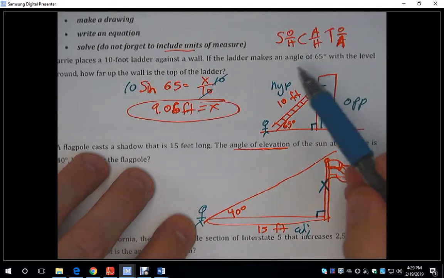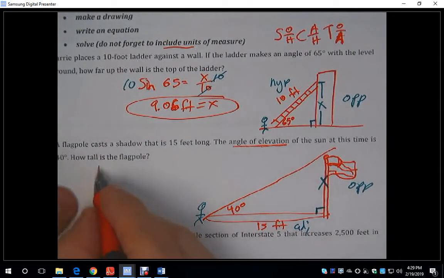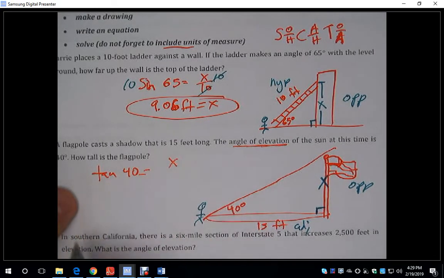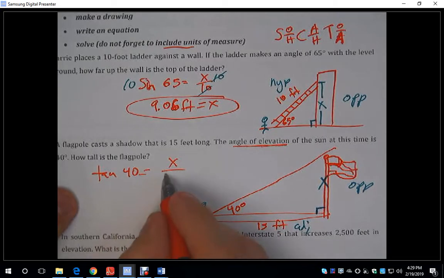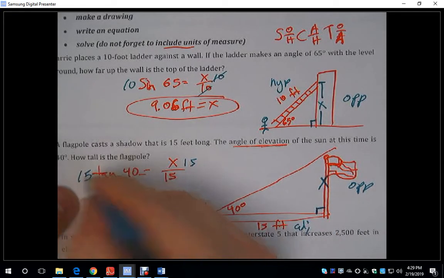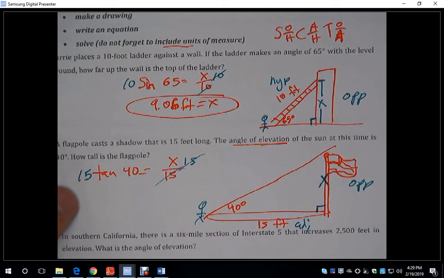So the one that makes the most sense is tangent. I have tangent of our angle of 40 degrees equals the opposite, x, over the adjacent, which is 15. I'm going to multiply both sides by 15, because on the right side, 15 divided by 15 is 1. 1 times x is just x.